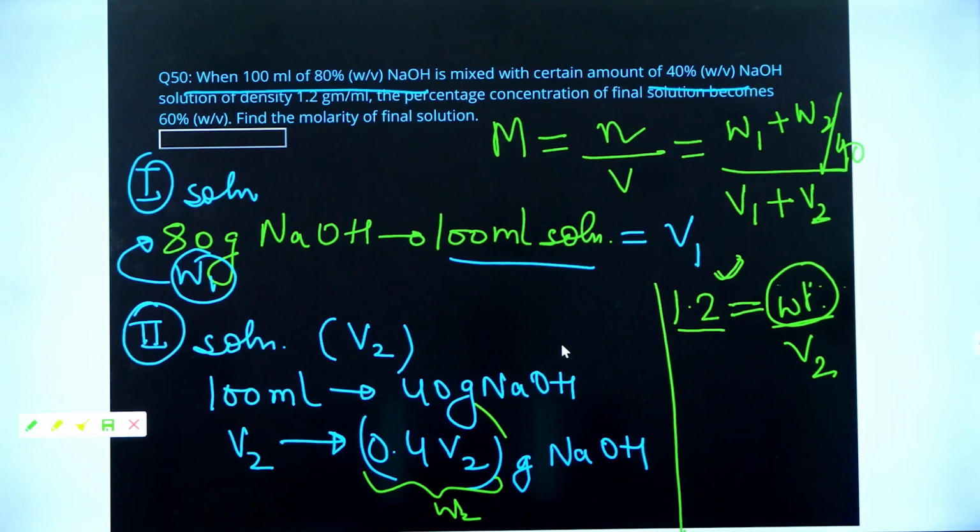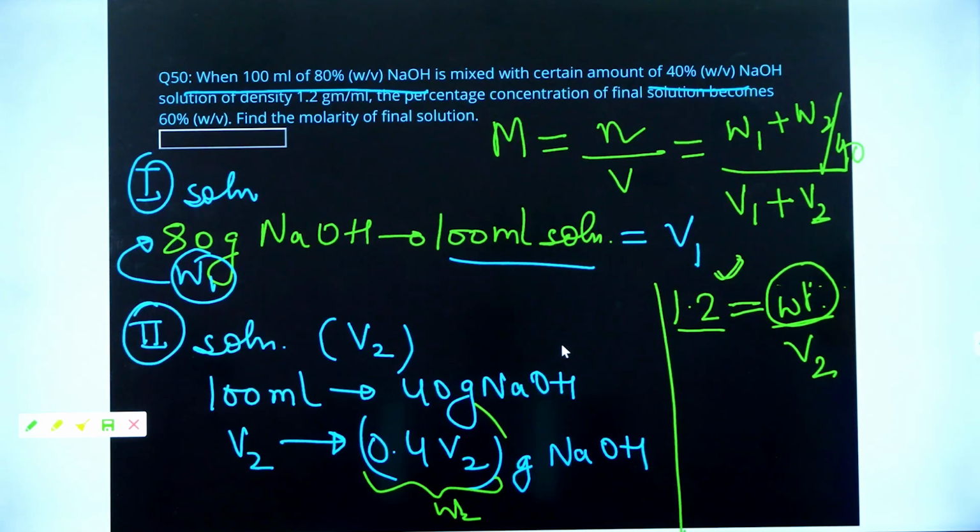Yes, if I can calculate V2, I will get my answer. Let's see how we can calculate V2, because once we get V2, we can calculate W2. We can calculate the rest.